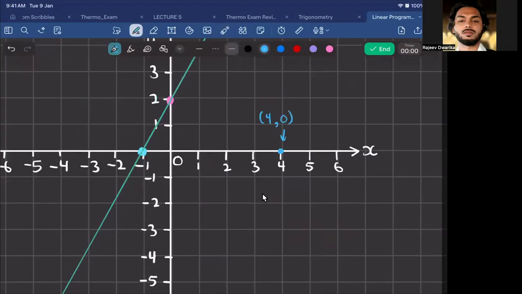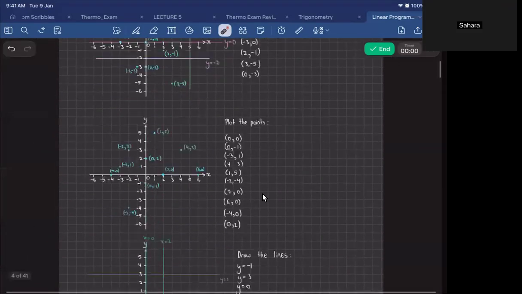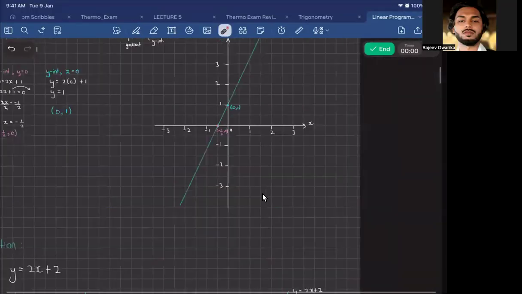So that is why we just say for the x-intercept, the y value is 0, because you're quite literally on the x-axis. And Sahara, if you're on the x-axis, remind me, what's the equation for this line again? Y equals mx plus c. No. Oh, y equals 0. Yes.